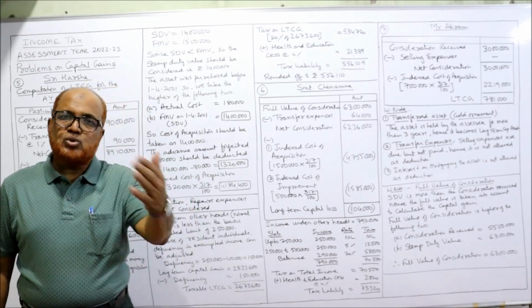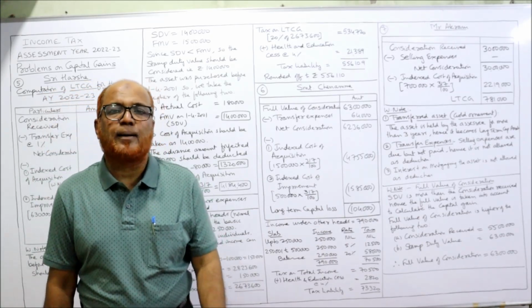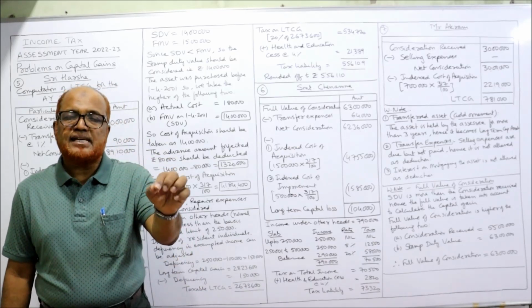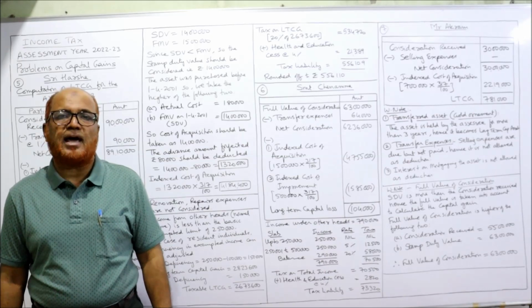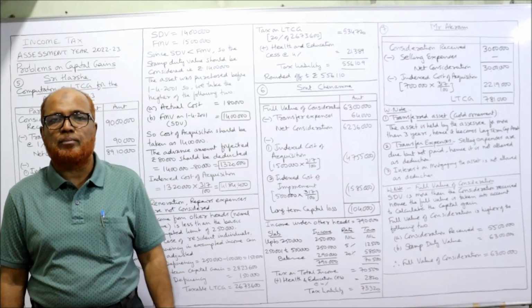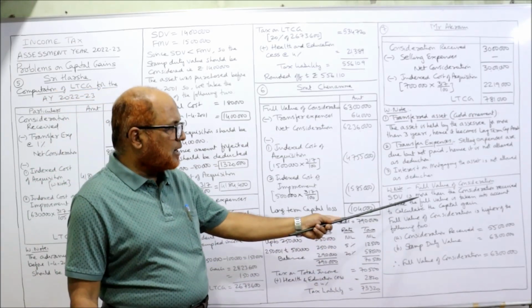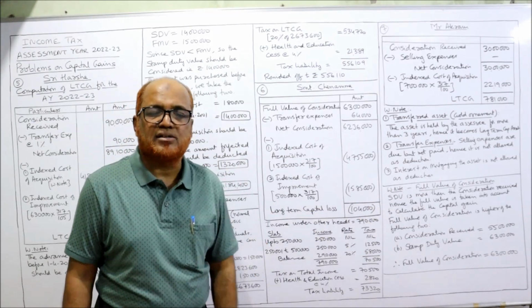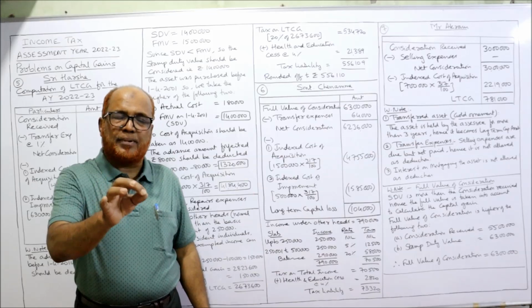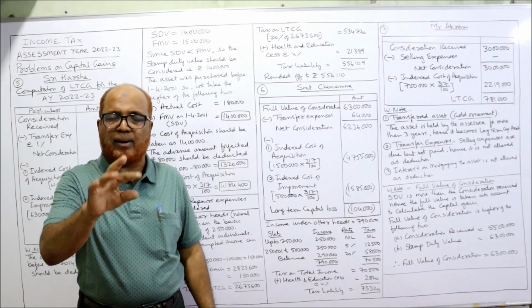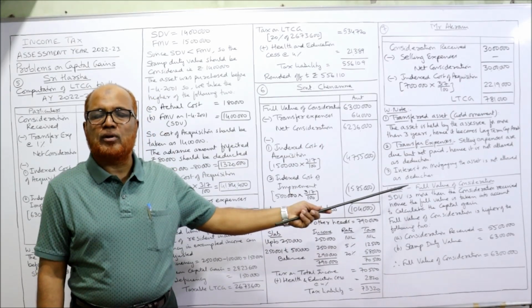She sold the building for 55 lakh. But at the time of sale of the building, the stamp duty value was 63 lakh. That is the new point in this problem. So according to the provisions of income tax, here you can see full value of consideration. Whenever stamp duty value and consideration received are given, we take the full value consideration.